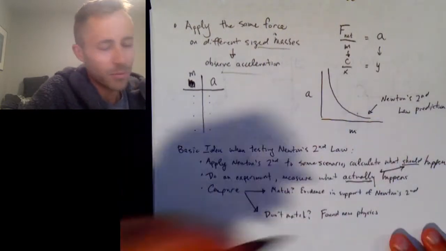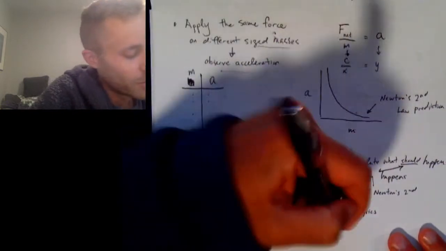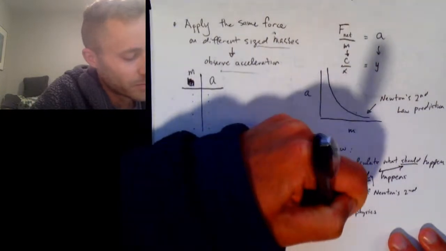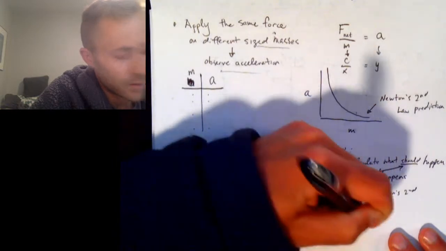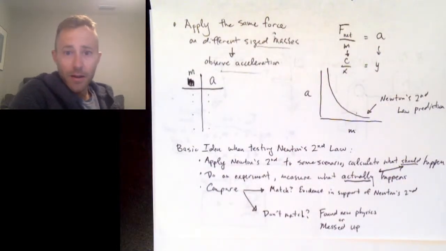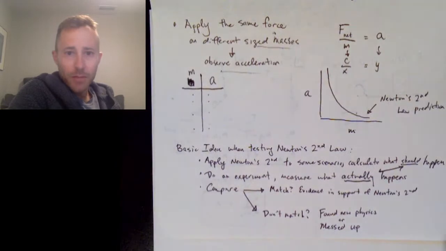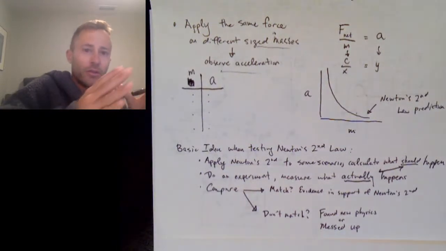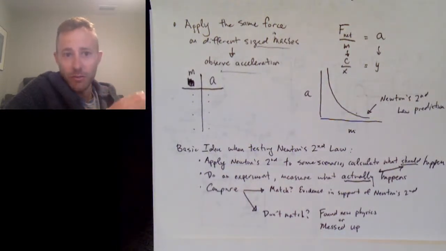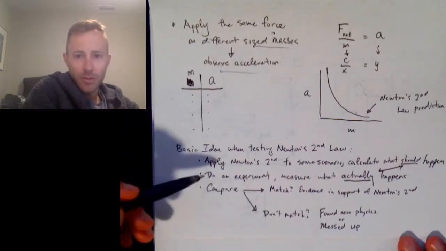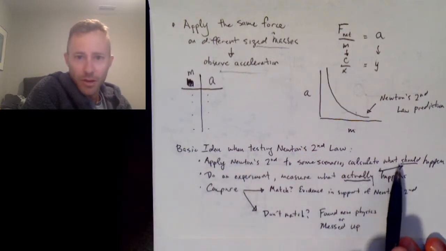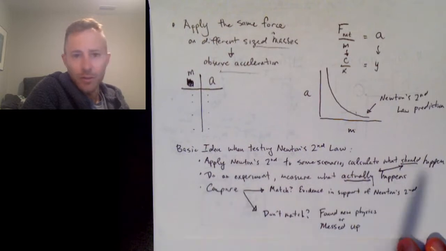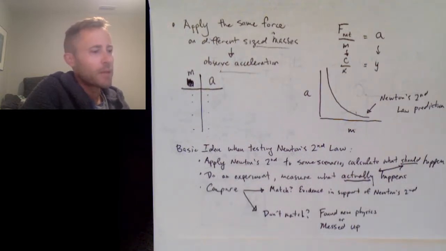So probably you didn't find new physics, or most likely you messed up somewhere. That mess up could be that your experimental technique was not very good, or you could have not accounted for something when you applied Newton's second law, or you could have not done a very good experiment. All right.